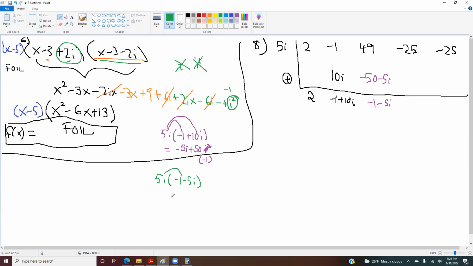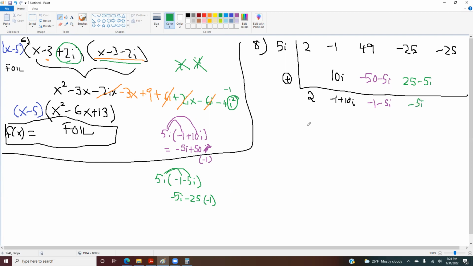So this times this is -5i. This times this is -25i squared. And since i squared is a -1, this will become a 25 minus 5i. And the good news is when you add these two up, the 25 and -25 will cancel out.